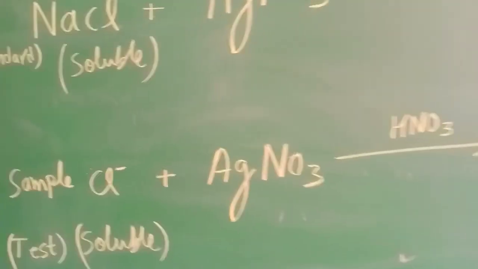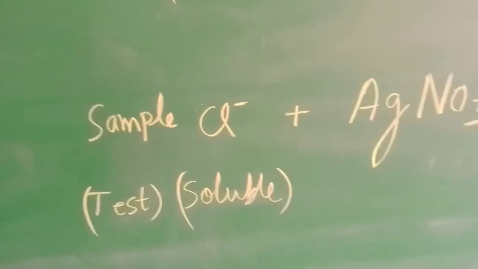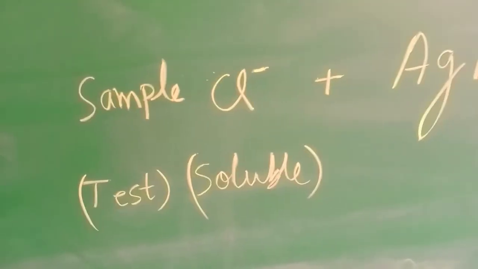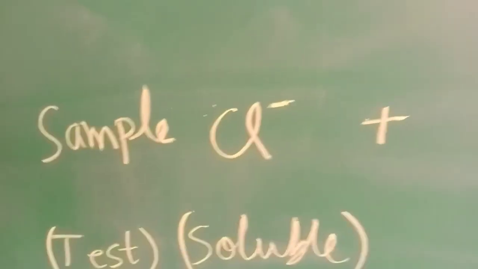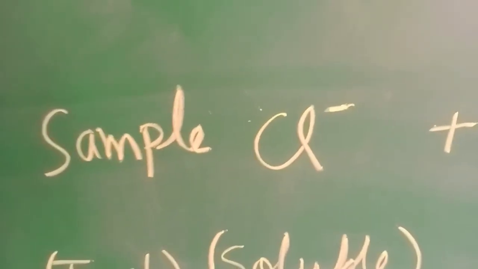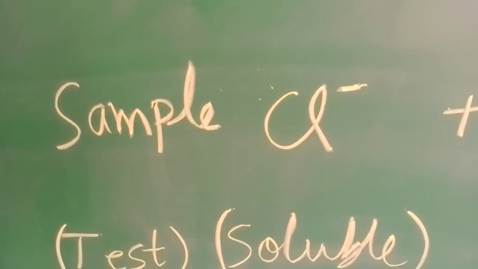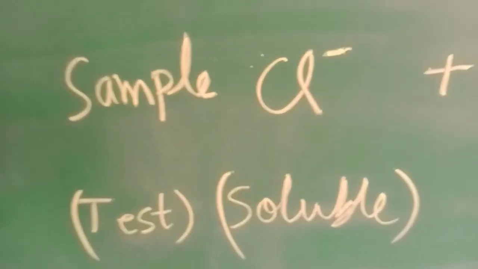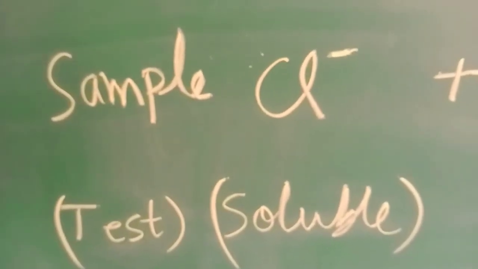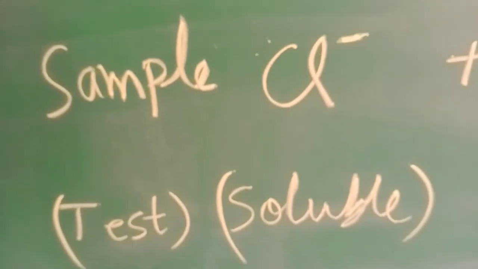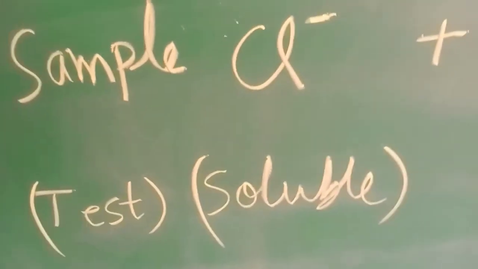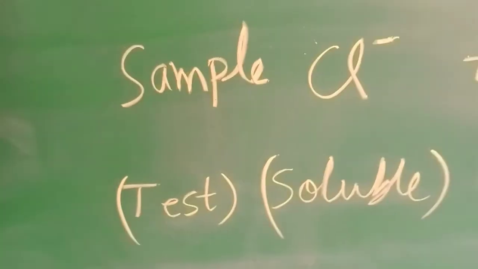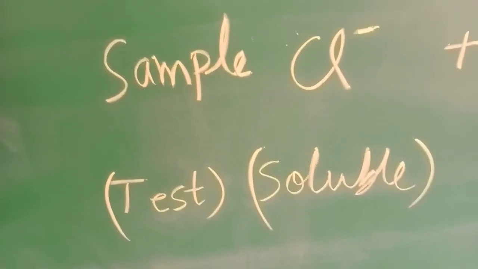Now, for the sample also, in order to prepare the sample, a defined quantity of sample which contains chloride as an impurity is dissolved in water, so that an aqueous solution is prepared in which the chloride is well present in its soluble form.